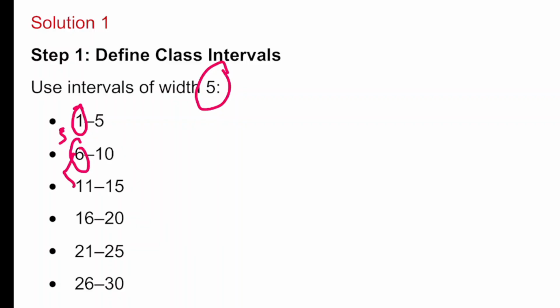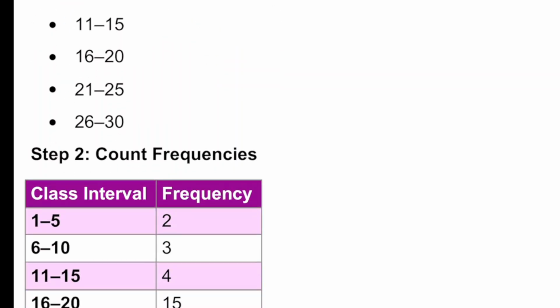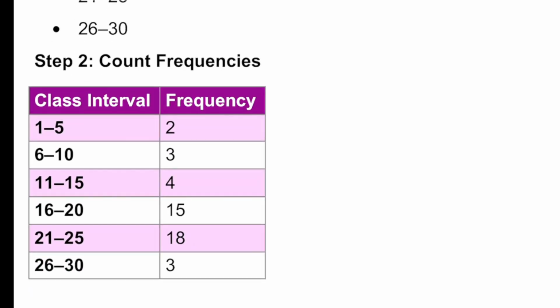The difference between here to here is 5. So you continue, that's the width. Others might say height, but most of the times I've seen people explain it as the width. So we know that between the first class and the second class is 5. So let us move forward. We have counted the frequencies and gotten our answer of 45. That's what we have done.